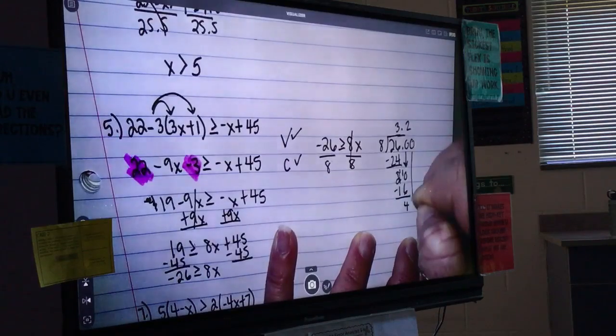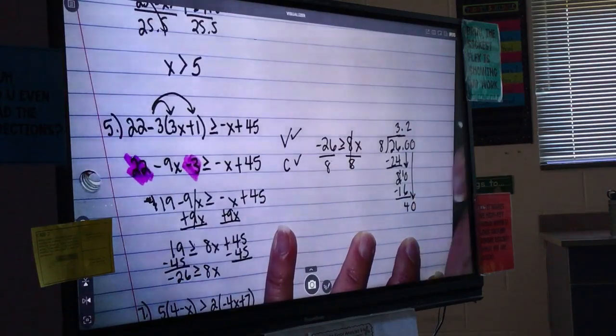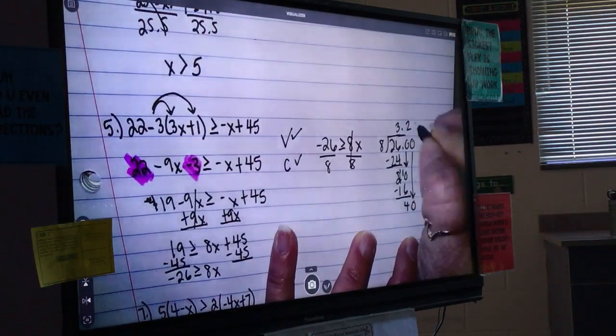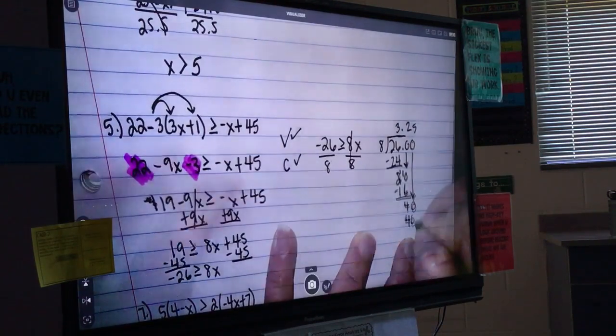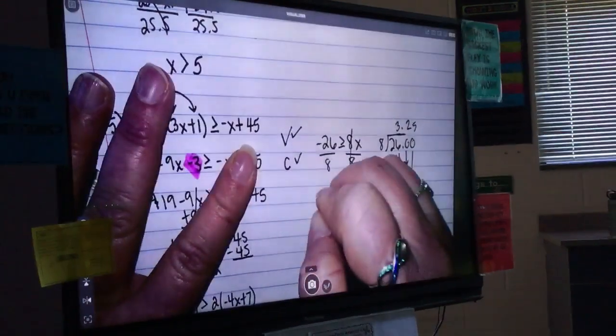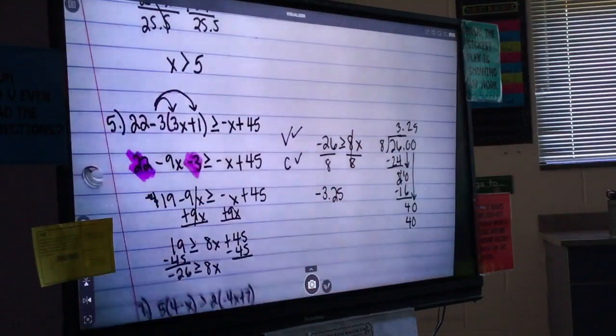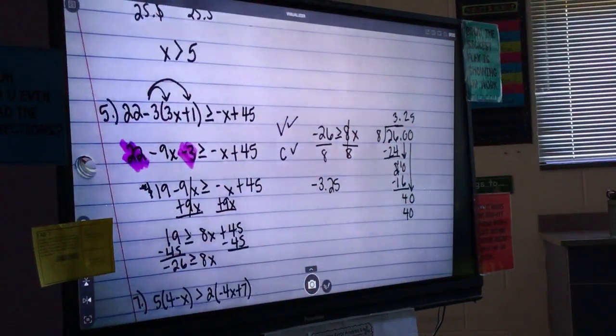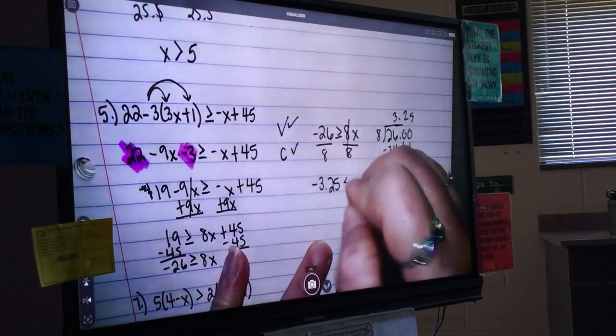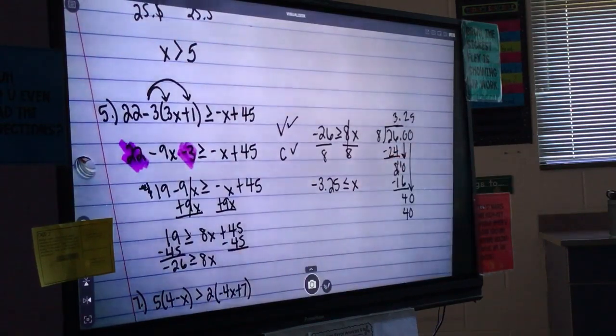What do I multiply 8 by to get to 40? 5. So my answer is going to be a negative 3 25/100ths. Now what do I do with my inequality symbol? Does it stay the same or does it flip? You got to flip it. So that is your answer for number 5.